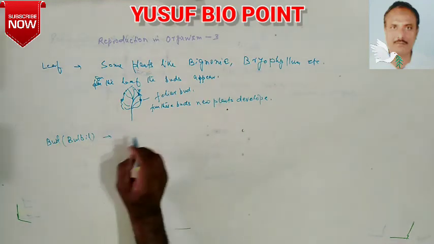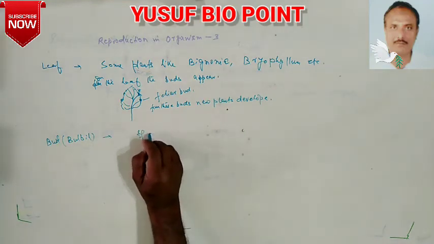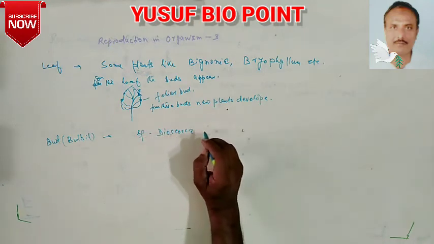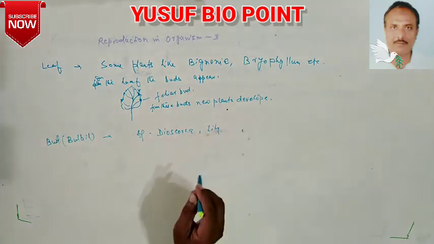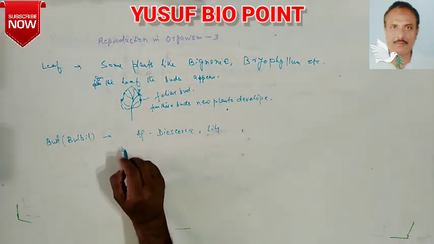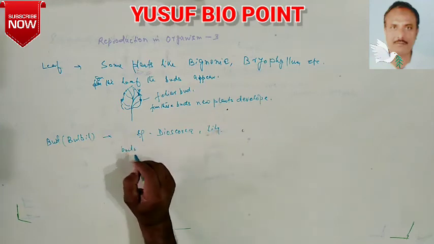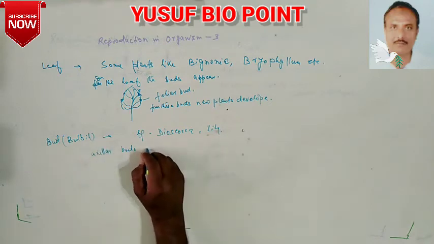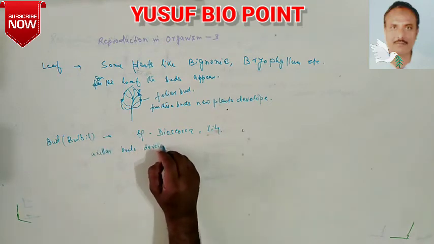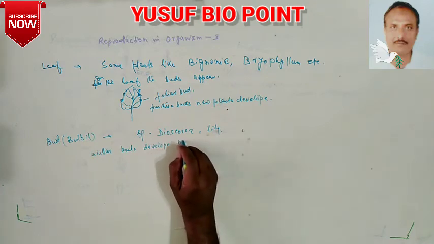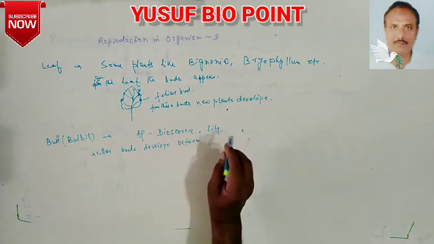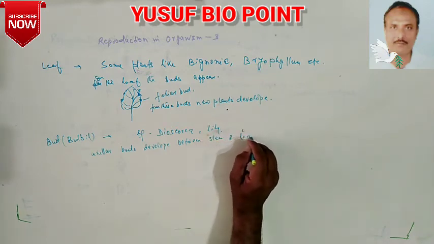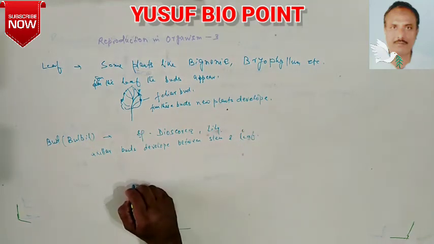In some plants like Dioscorea or lily, axillary buds develop between the stem and leaf.